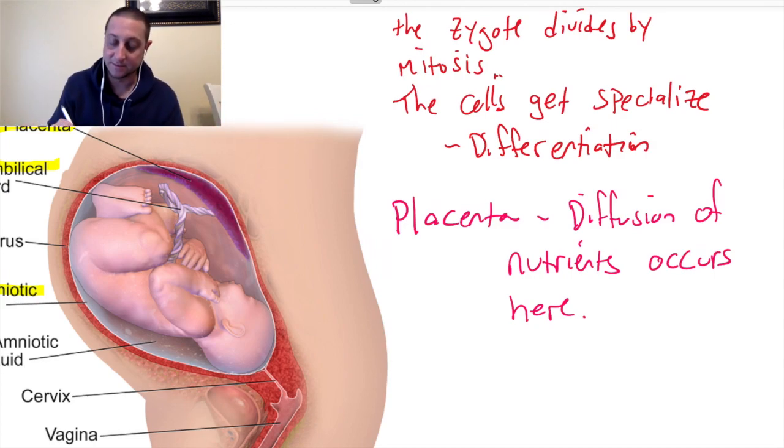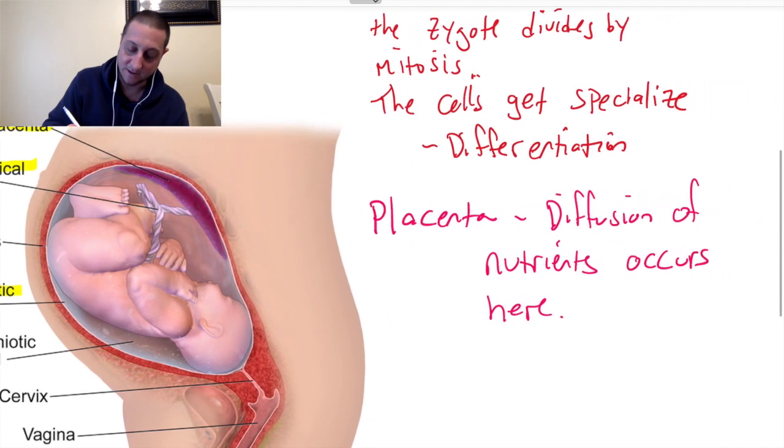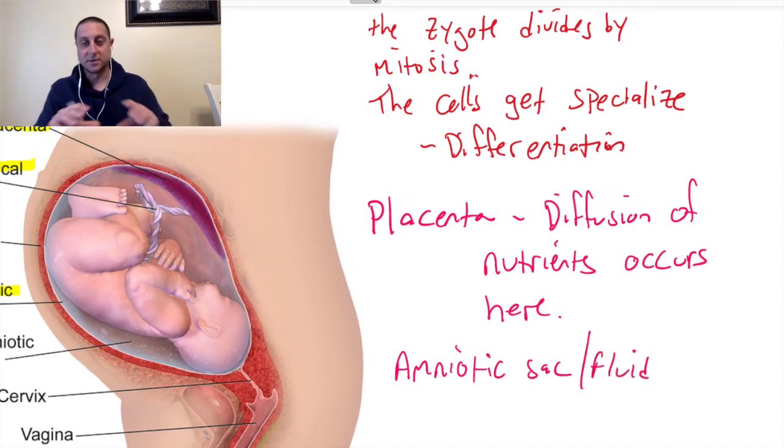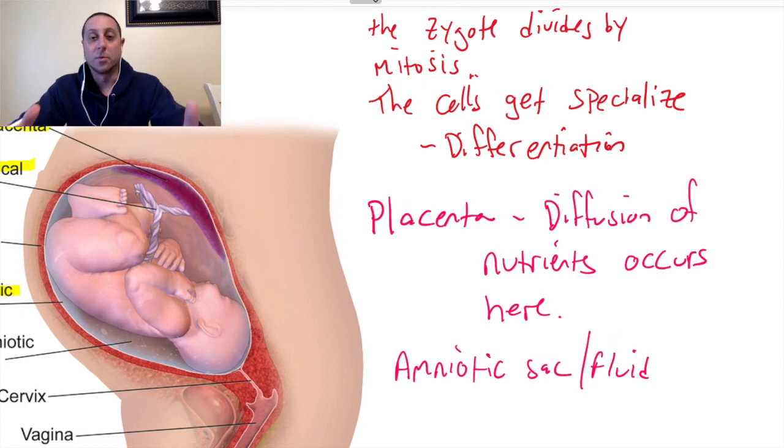So the placenta, there's diffusion of nutrients occurring there. The umbilical cord is attached to that. And then the last piece here, you have that amniotic sac, and there's fluid inside of there. That is what is surrounding the baby. So if you ever heard like a water broke, you've watched on a TV show or whatever, and you see a woman who's pregnant, and then she's like, "Oh, my water broke."